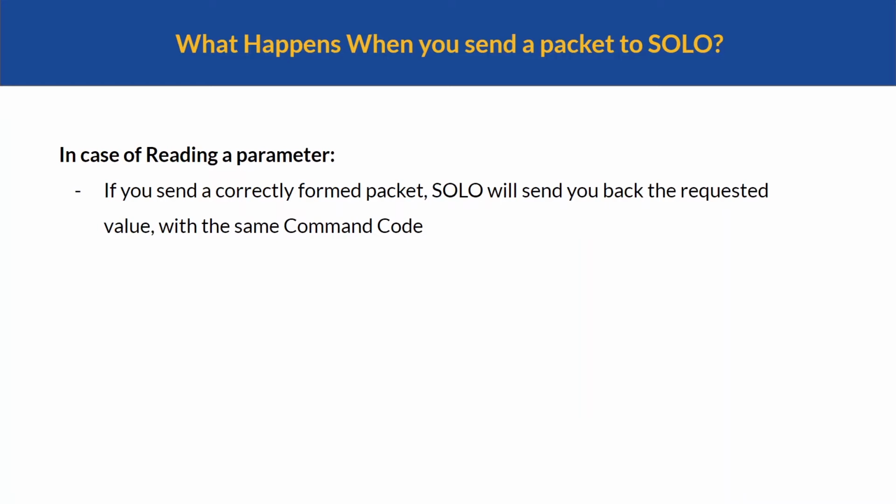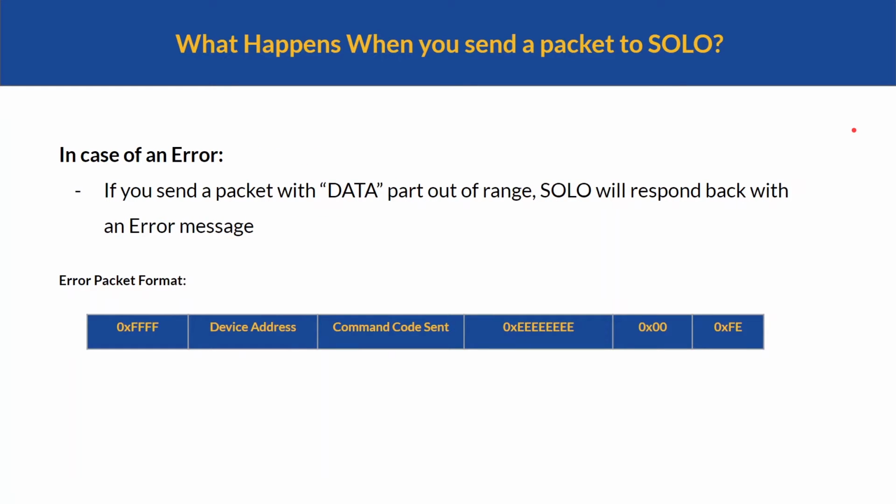The next case is reading a parameter. Again here, if you correctly form a packet and send it, Solo will send you back the requested value with the same command code. And the last case is an error, which happens when you send inside the data section a value out of range. In that case, Solo will respond back with an error message.